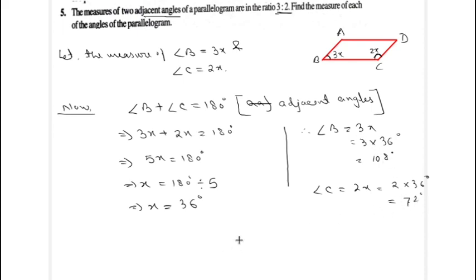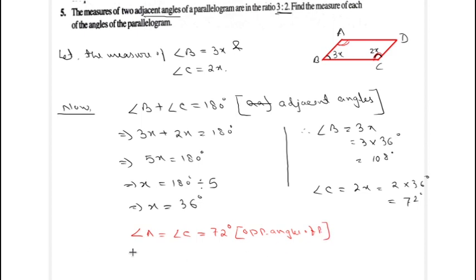Now we have to find out angle A and angle D. Angle A and angle C are opposite angles, so they are equal. So we will write angle A equals angle C equals 72 degrees, because they are opposite angles of a parallelogram.